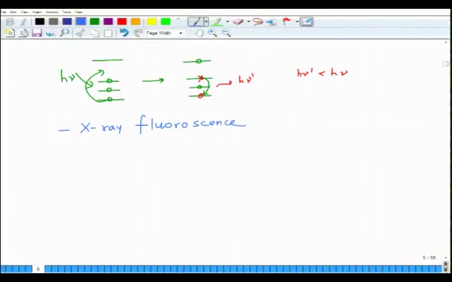So, to minimize the absorption of the incident beam, you choose an X-ray which has lower absorption in the material.